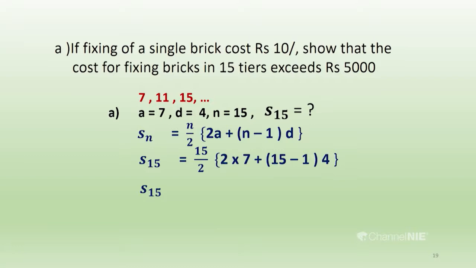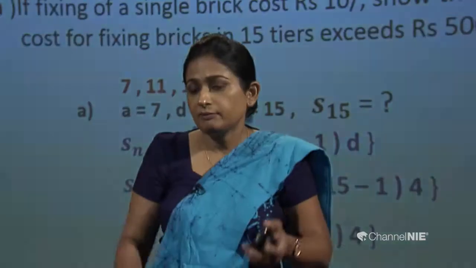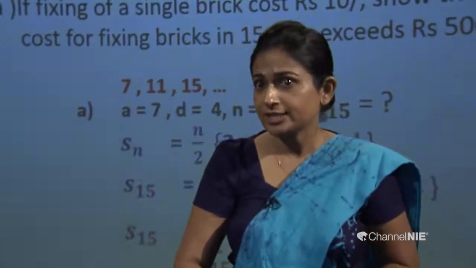Then we can get the answer by simplifying that. You should follow the correct simplification method. Then we get S15 equals... but before simplifying that, I want to say something.